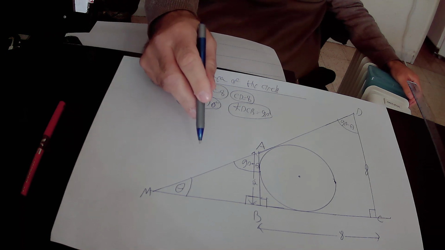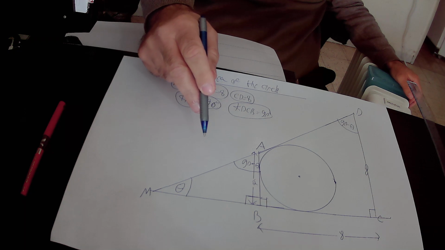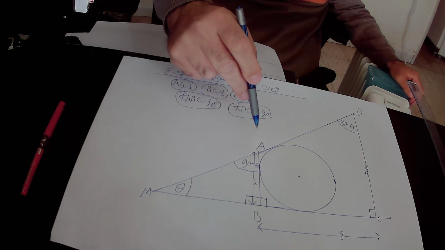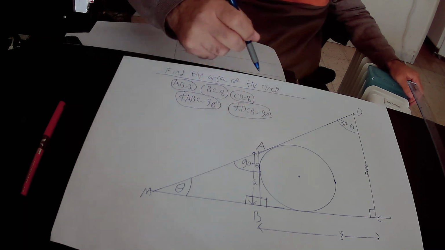If we relate to angle theta as it belongs to the small triangle, it will be defined as angle AMB.